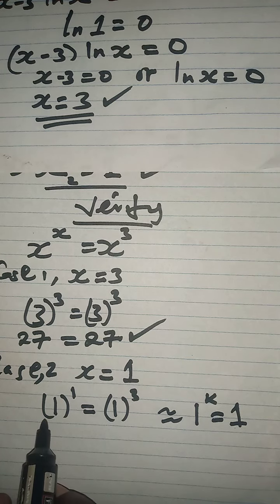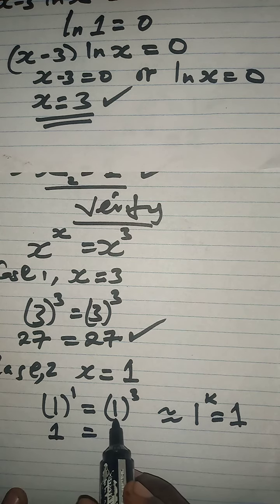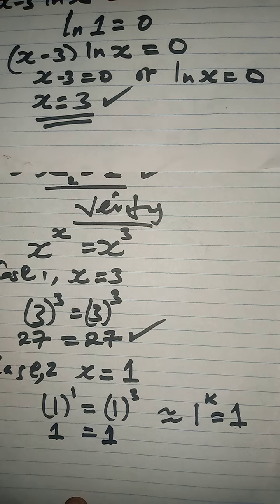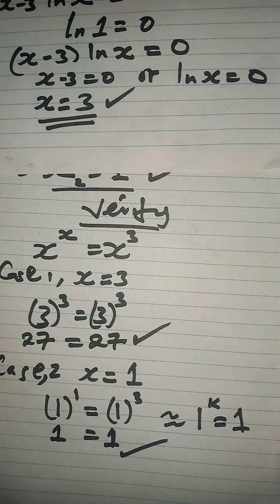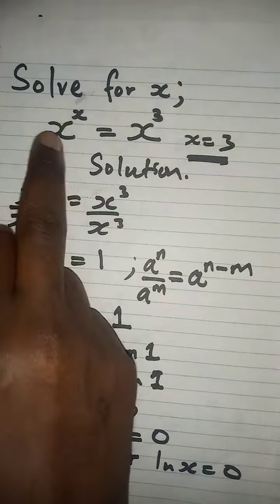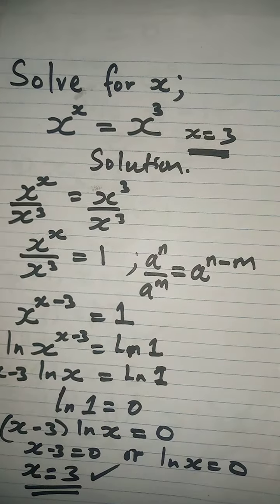So 1 raised to power 1 is 1, and 1 raised to power 3 is also 1, which is the second proof for our question: x raised to x is equal to x cubed.